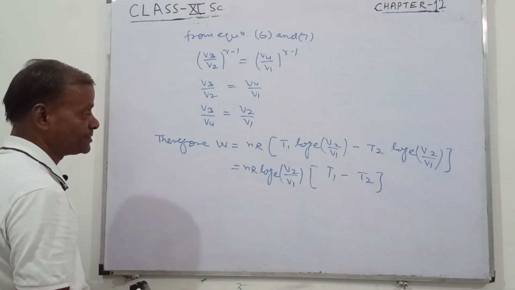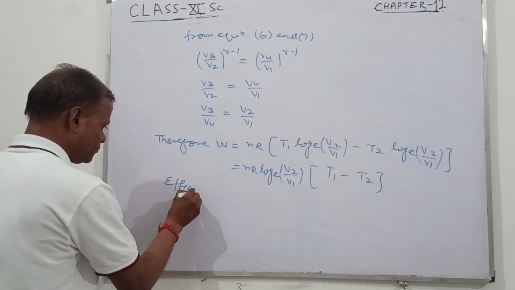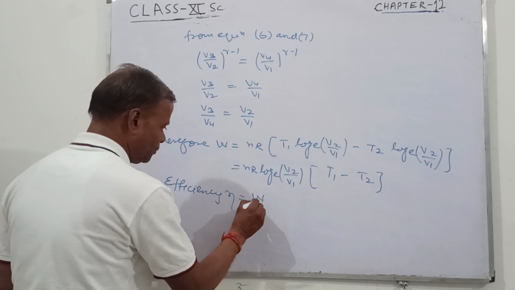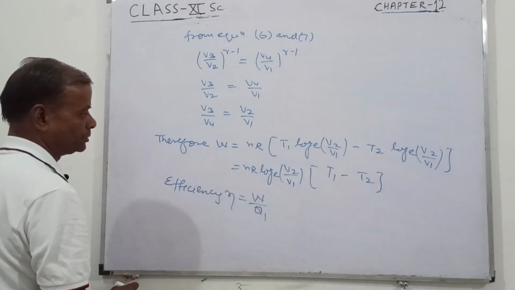Now we will find the efficiency. Efficiency eta equal to W upon Q1, output upon input.